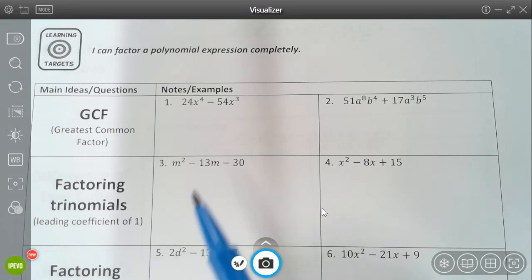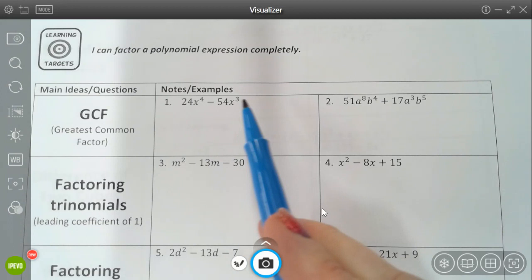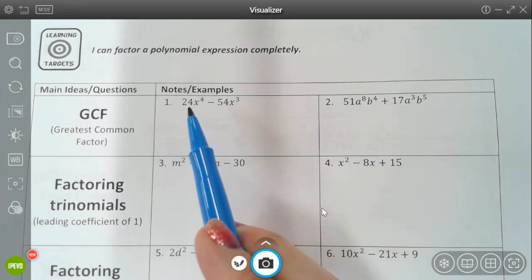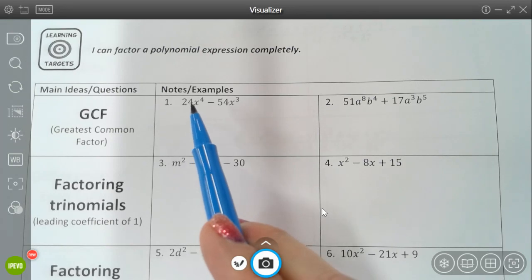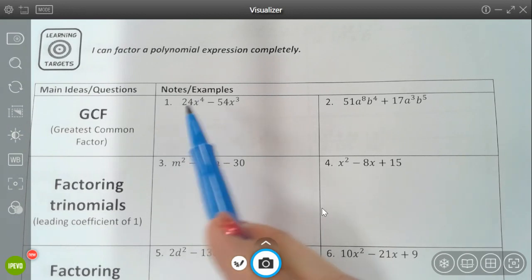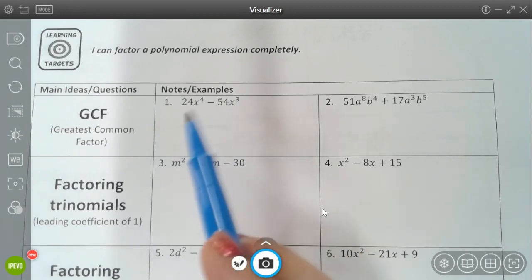As you're looking for the greatest common factor, it's always a good idea to look at your terms and find the term with the smallest leading coefficient, because then the largest factor that divides into this will not give you a whole big list, as if the factors that would divide into 54.